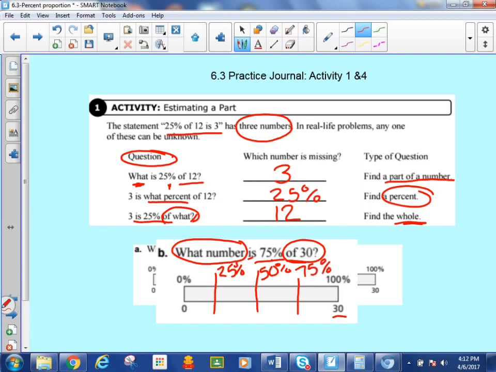So I can do the same thing with 30. I know half is 15. Half of 15 will give me 7.5.